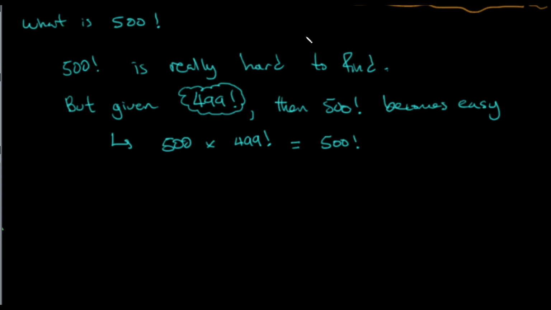So this observation here, that if we had a really large input that was really hard to find, but if we were given somehow the answer to the same problem, right, we were still doing the same problem here, which is factorial, if we were somehow given the answer to the same problem of a smaller input size, then all of a sudden solving our original problem now becomes a lot easier.